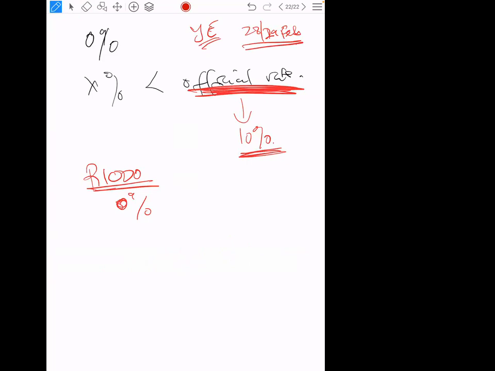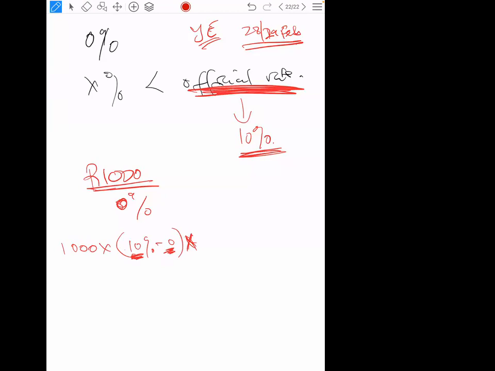Today, a trust receives a loan of 1,000 from a connected person at an interest rate of 0%. That connected person says to the trust, do not pay any interest, but assume the official rate is 10% per annum. So this would be the calculation of the amount between the interest at the official rate and the rate at which the loan was advanced. Counting to the end of the month, today we are on the 6th of February.